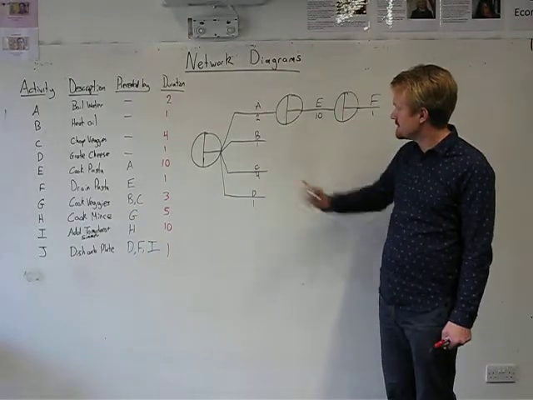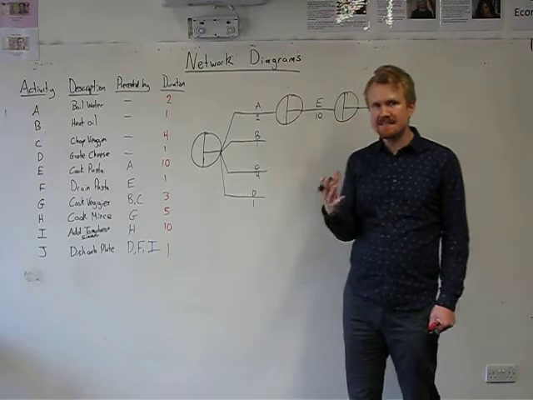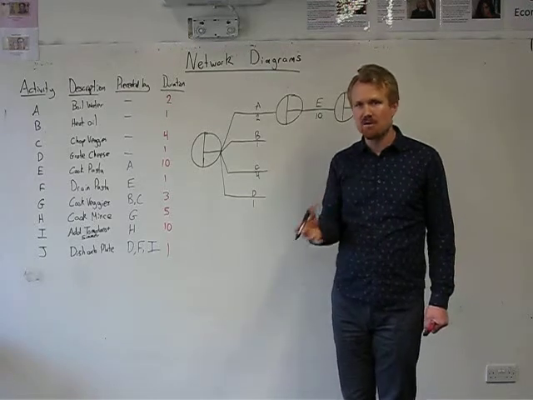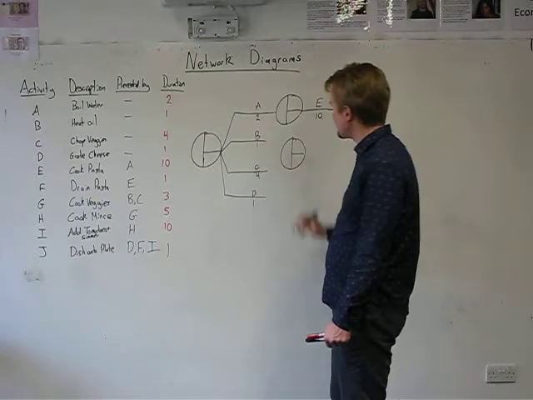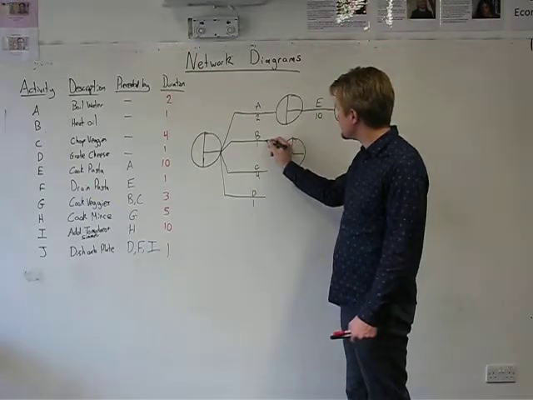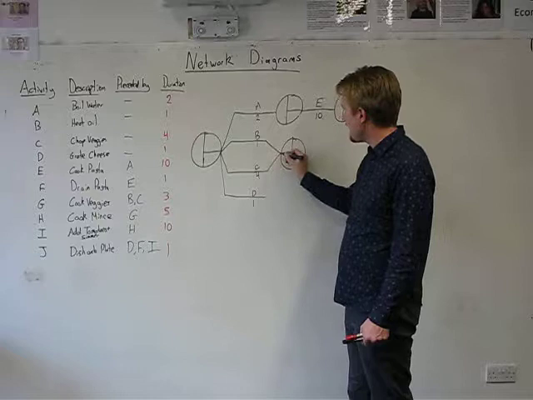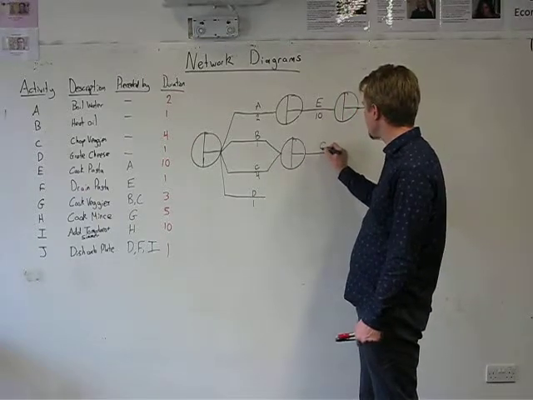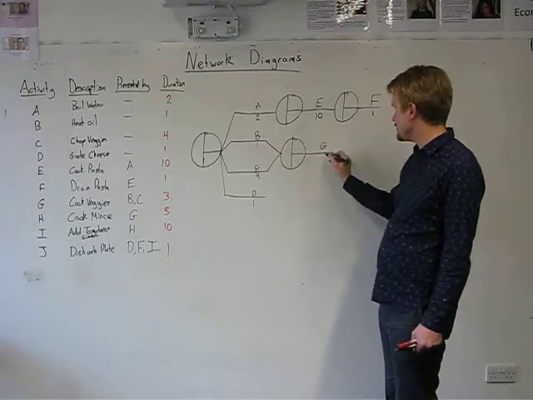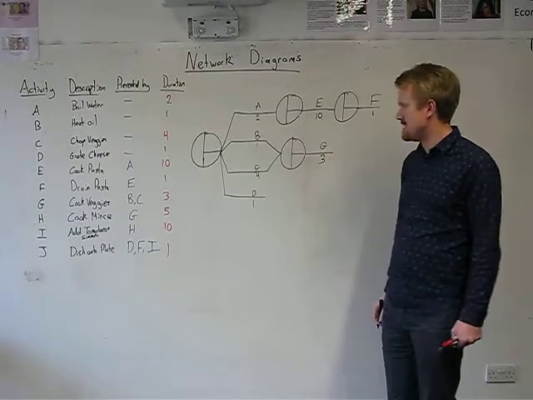B is here, C is here, so I need to have a moment in time at which point B and C are both completed. So I draw a node here, and to represent that B and C are both completed, I say B connects in and C connects in. Once I've done that, I can work on task G, and task G takes 3 minutes.